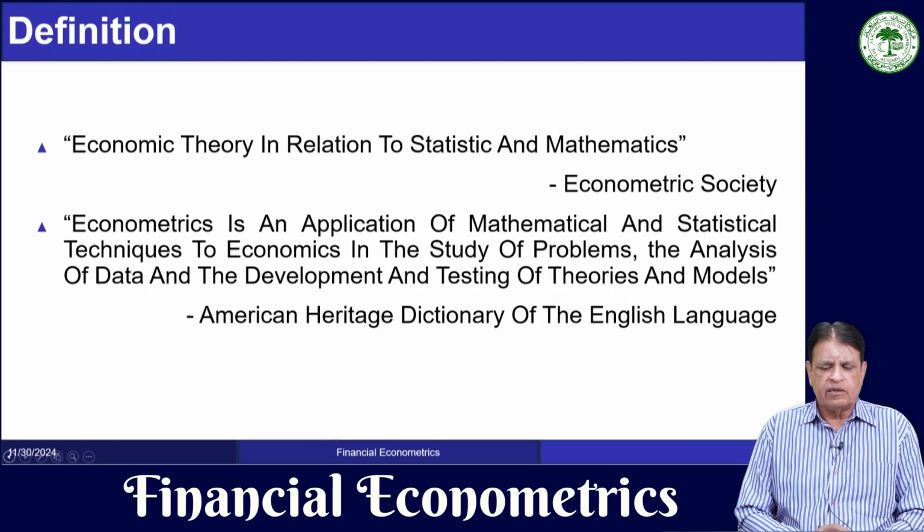That is, some modifications are made in the statistical and mathematical tools to make them applicable in the field of economics. So, we can say that econometrics is simply the combination of three subjects. One is economics, another is mathematics, and another is statistics.